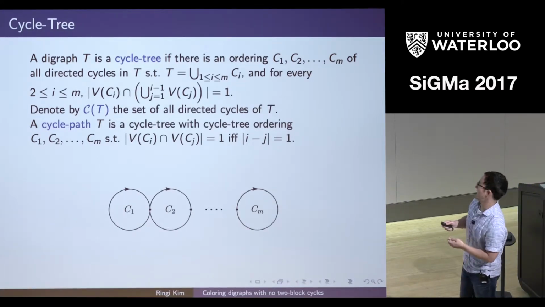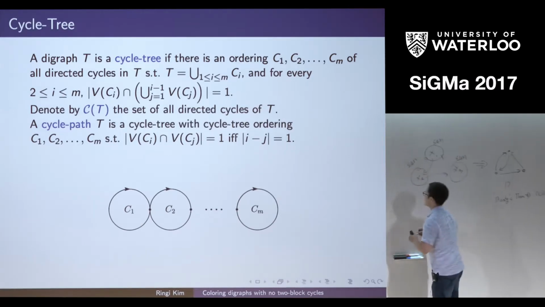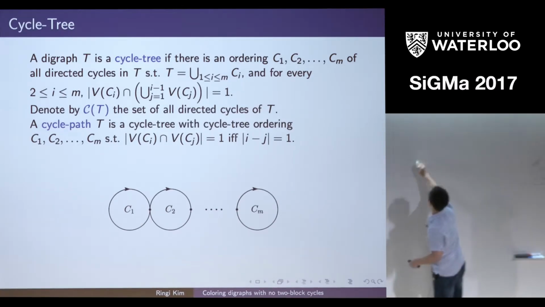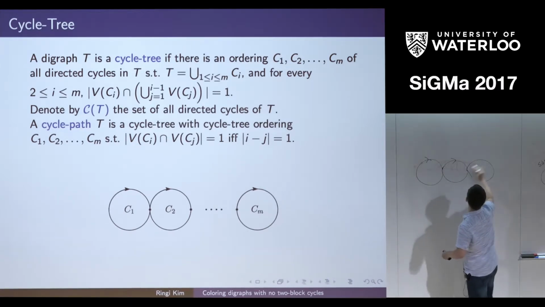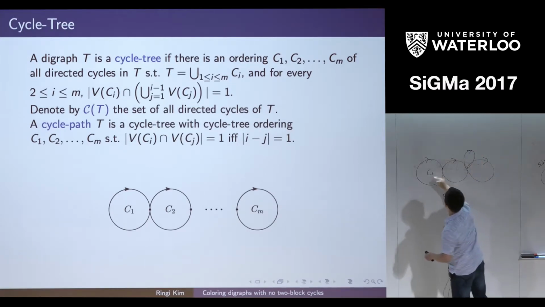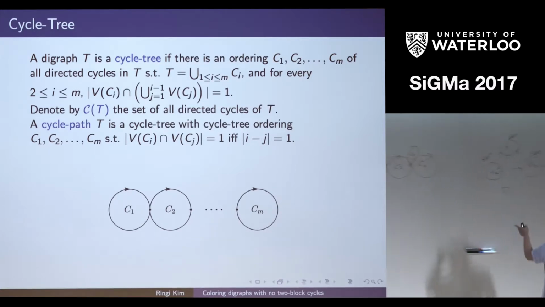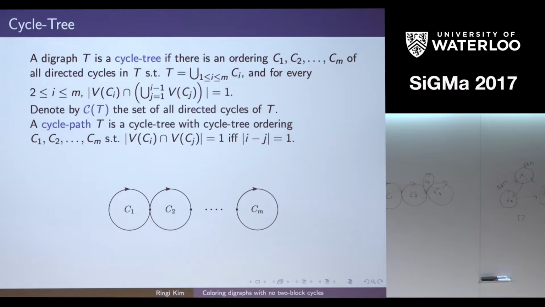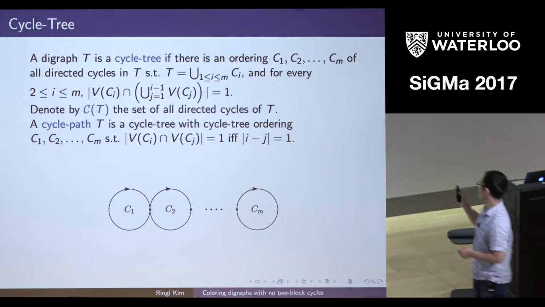That is a cycle path. And this is not a cycle path because C2 and C4 meet.